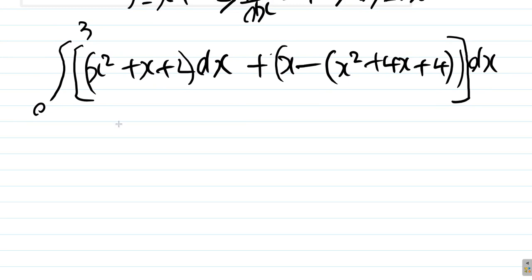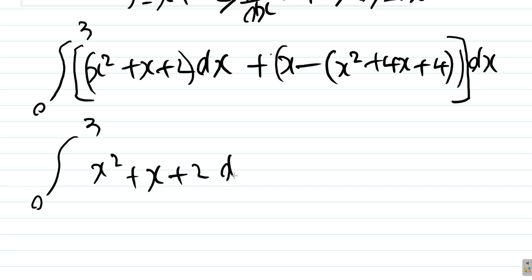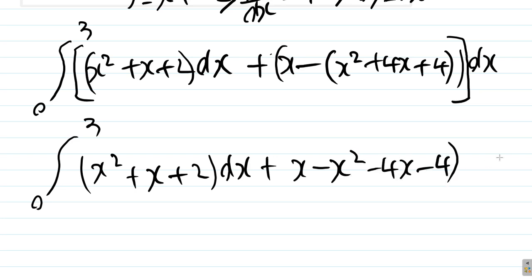Simplifying it further, you have the integral from 0 to 3 of x squared plus x plus 2 dx plus, when you open the bracket, everything inside the bracket will change sign, minus x squared minus 4x minus 4 dx.